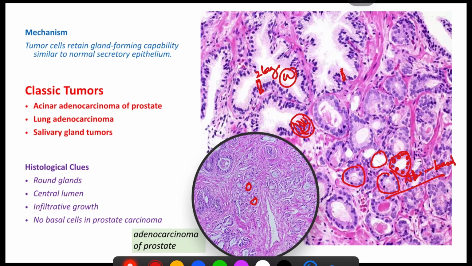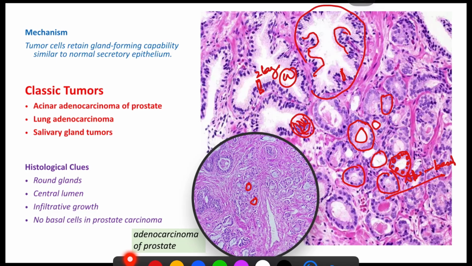So double layer in the normal prostate, where you can see infolding of the epithelium, but here single layered small acinar pattern is seen in Gleason 4 prostate adenocarcinoma. Another common tumor which shows acinar pattern is lung adenocarcinoma and salivary gland tumors.